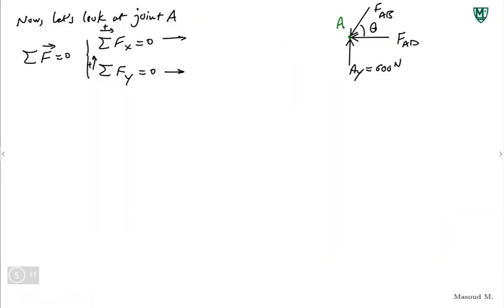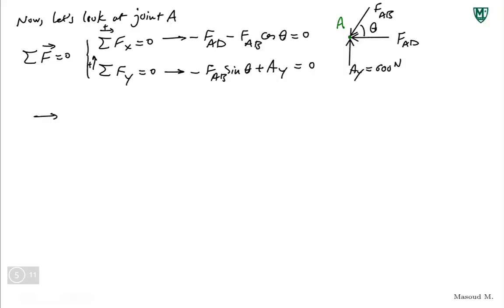All right, so if I know that, this gives me minus FAD minus FAB cosine theta is equal to 0. And minus FAB sine theta plus AY is equal to 0.